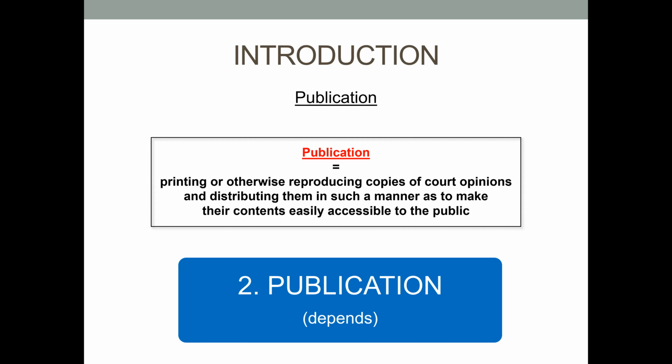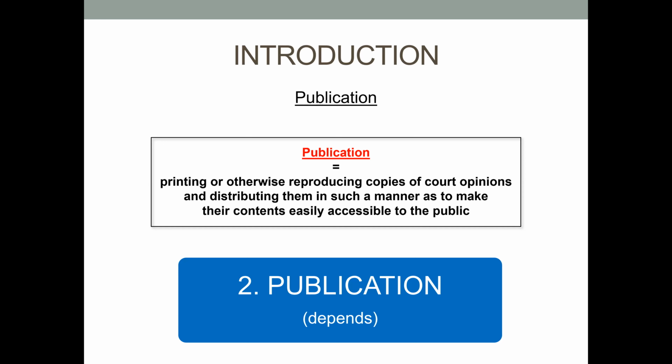Publication in this context of court opinions refers to printing or otherwise reproducing copies of the opinion and distributing it in a way to make the contents accessible easily to the public.